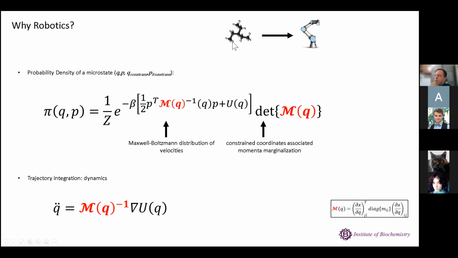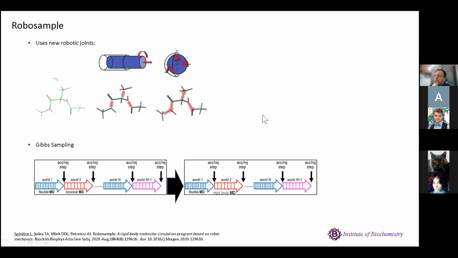So we modeled our molecules as articulated bodies connected by joints, as robots, and then did the simulation using the Gibbs sampling. We had some new improvements. People have been doing molecular dynamics using robotic joints before, but they only use the torsional dynamics, because it is known that the torsions in the molecules do most of the movements.